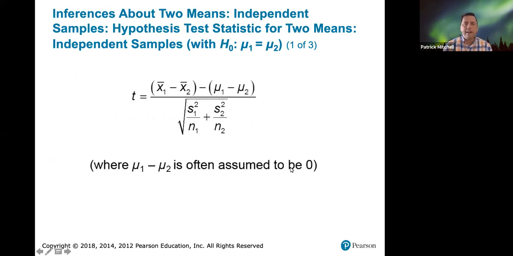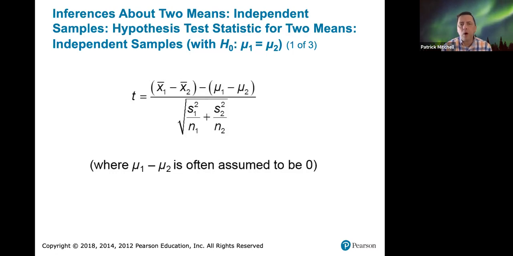The test statistic that we'll be using to conduct our hypothesis test looks like this. So it's going to be t equals the difference in the sample means minus the difference in the population means divided by the square root of S sub 1 squared over n sub 1 plus S sub 2 squared over n sub 2.